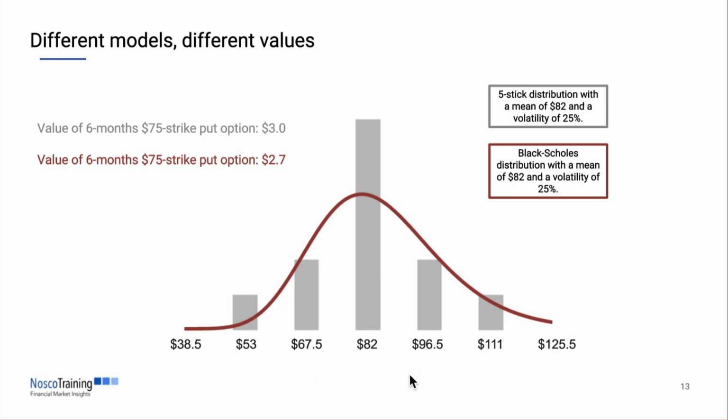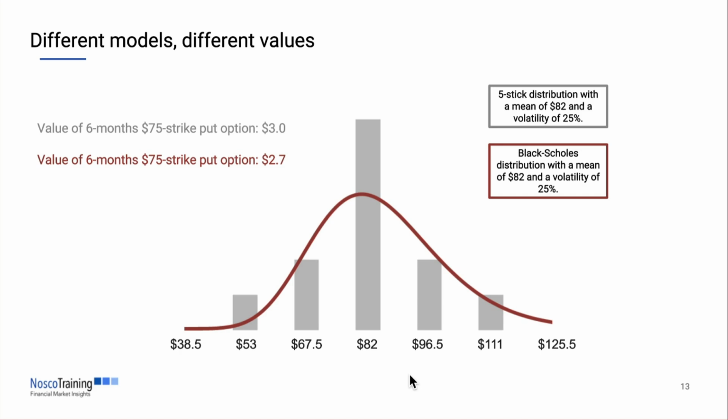Cool. Now let me say a word about these different models. What you see at the moment on the screen, I think you had something similar in the e-lectures. You see exactly the same option, the 75 strike put, in the same market environment. So volatility 25%, interest rates 5%, that implies a forward of 82.